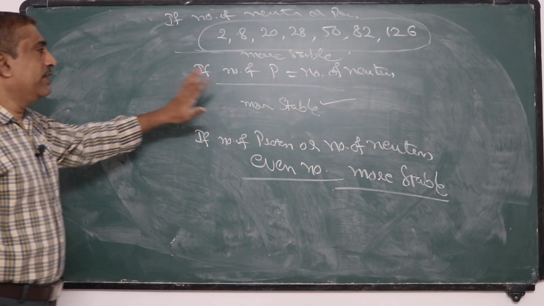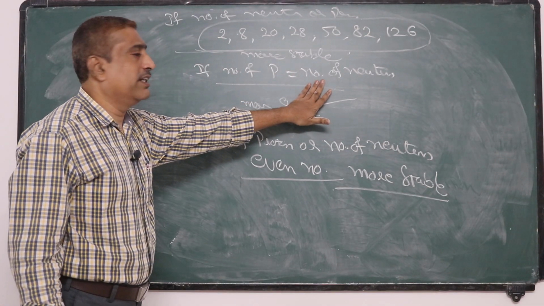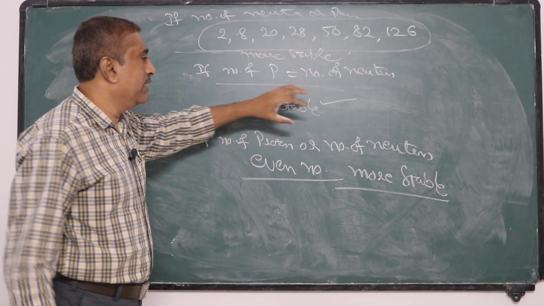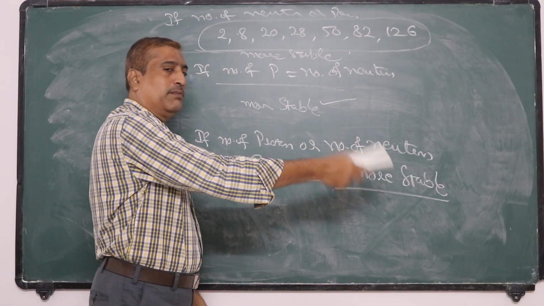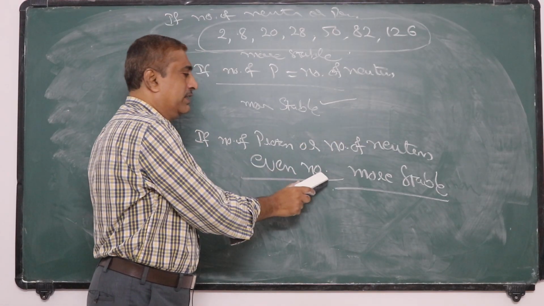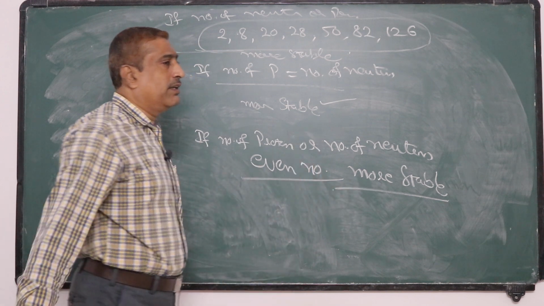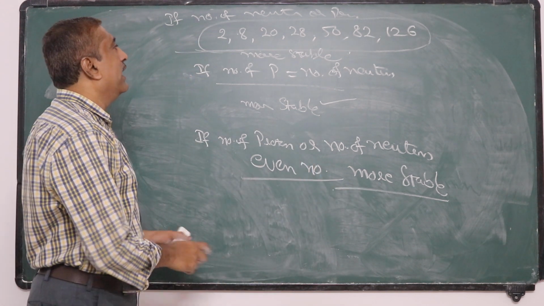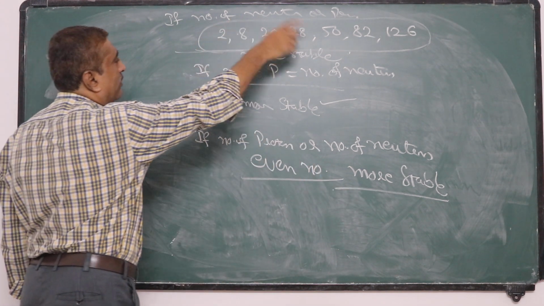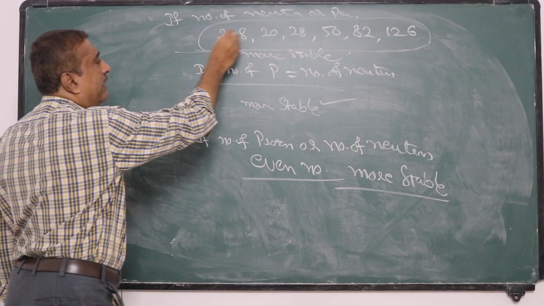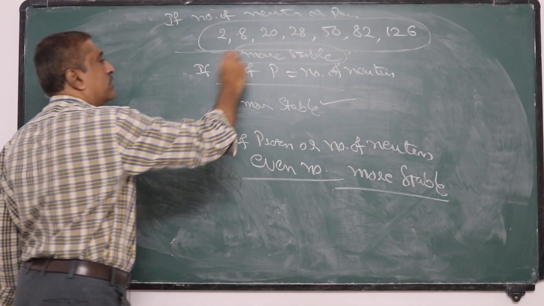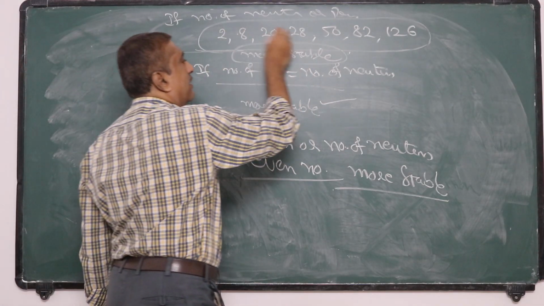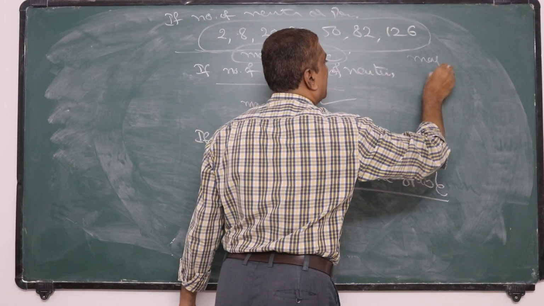If the number of protons and number of neutrons are equal, then that particular nucleus is stable. Or if the number of protons and number of neutrons are both even numbers, then that nucleus is also more stable. And if the number of neutrons or protons is equal to any one of these numbers, then that nucleus is also more stable. And these numbers are called magic numbers.